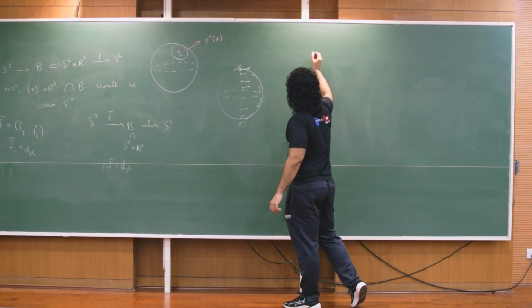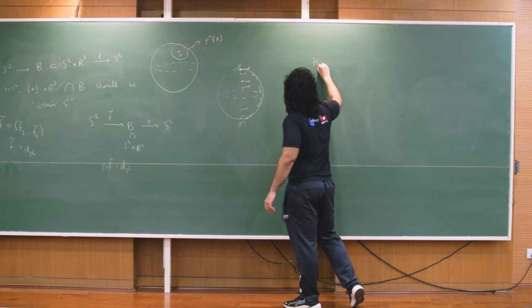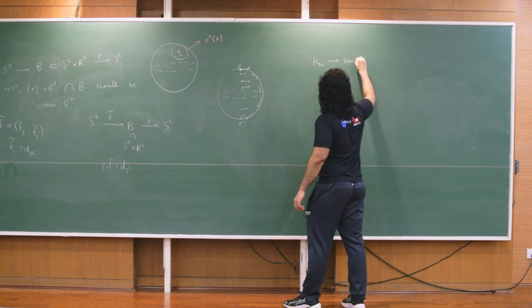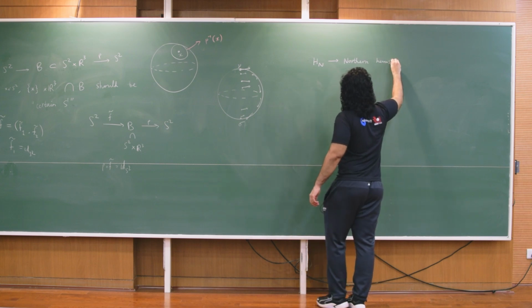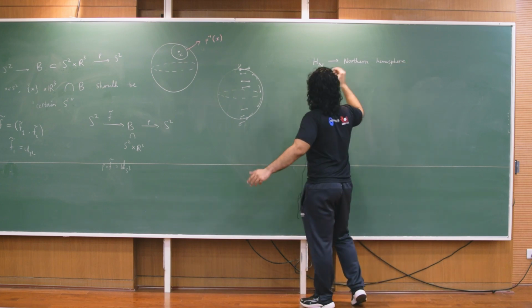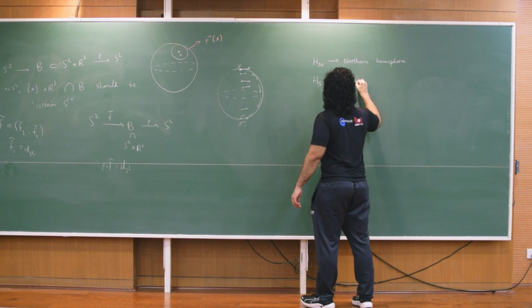So let me establish some notation now. I'll say Hn for the northern hemisphere of S2, and likewise Hs for the southern.